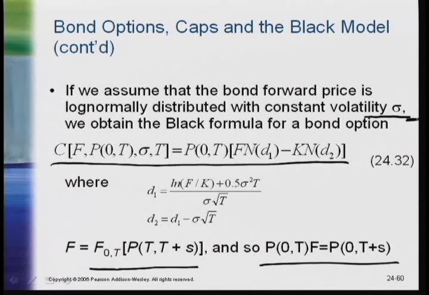And we'll assume that they have a constant volatility of sigma. With those reasonable assumptions, we get the value of this call on a zero coupon bond, and it's all parameters that we can identify easily in today's market.